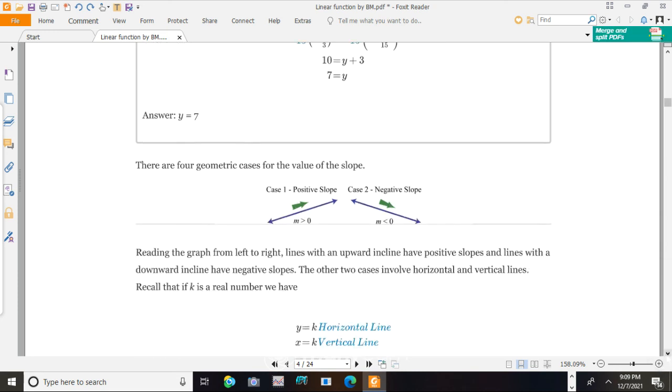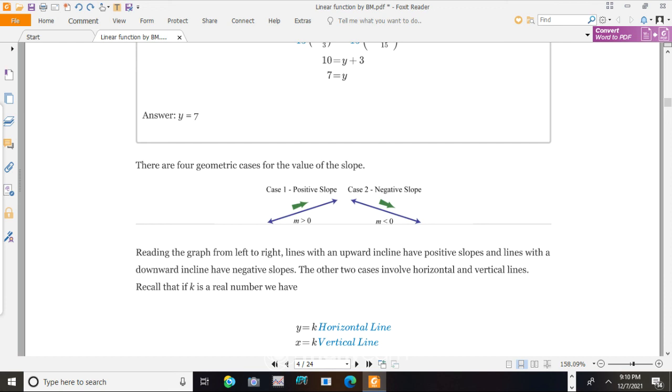There are 4 geometrical cases for the value of the slope. Case 1, positive slope. Case 2, negative slope. As I discussed in the previous video, the graph of a linear function is sign dependent. If the slope m is greater than 0, the graph goes up from the left to the right.